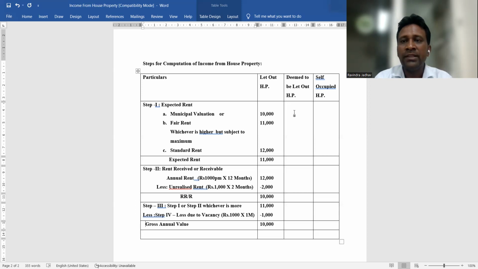For example, that particular property holder has 3 houses, but as per the Income Tax Act he is allowed only 2 houses as self-occupied, that means for self-residence. But that house property holder uses all 3 houses as self-occupied, or some houses are vacant, that means in that particular year he did not let out that house property.